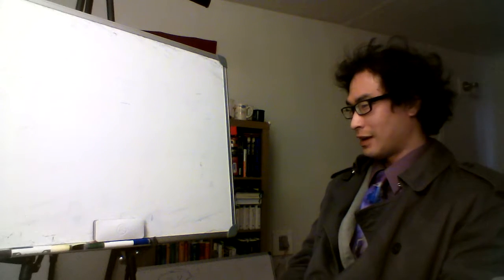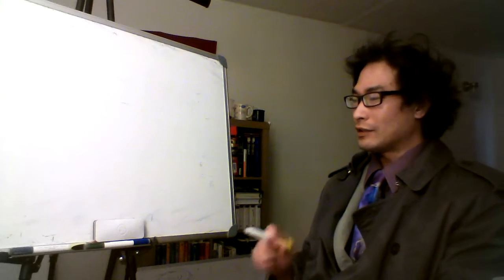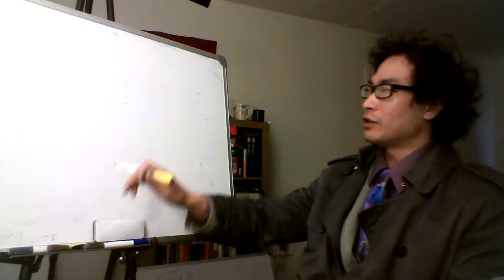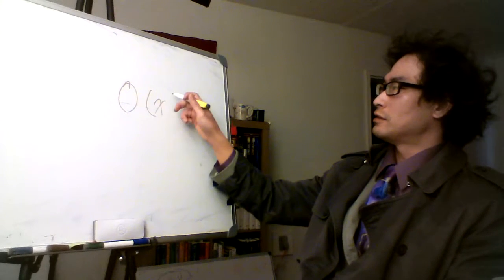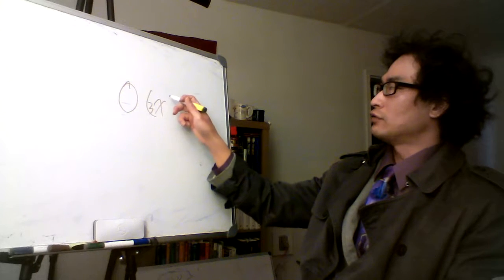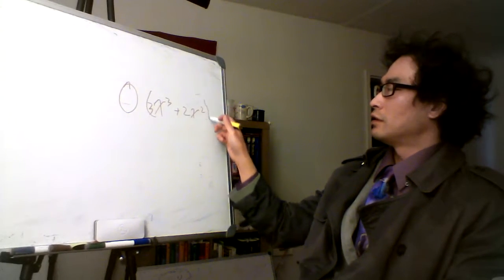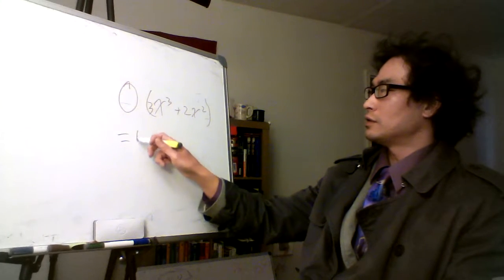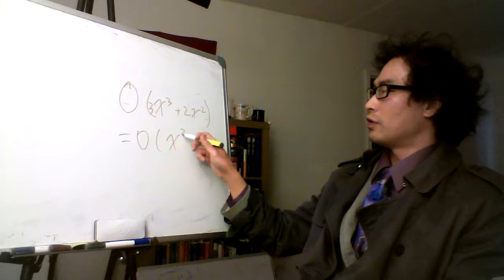So, okay. Let's keep moving on. Let's do big O notation. Big O notation is this. Big O of 3 times x to the third plus 2 times x to the second, blah blah blah, is equal to big O of x to the third.